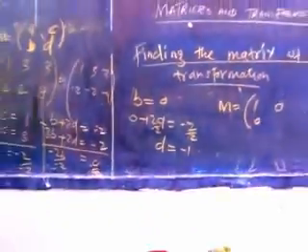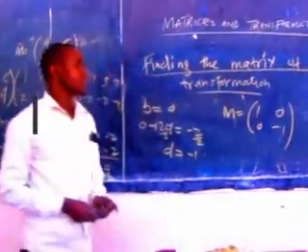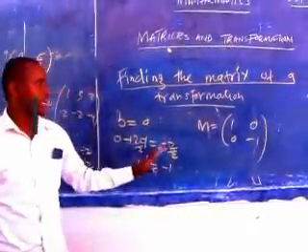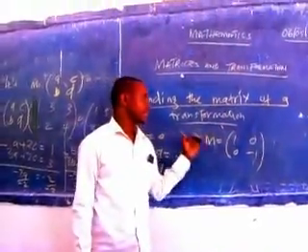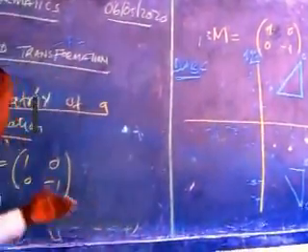Therefore, this is the matrix we have been looking for. We identified the matrix that led to this transformation, which is a reflection in the x-axis.